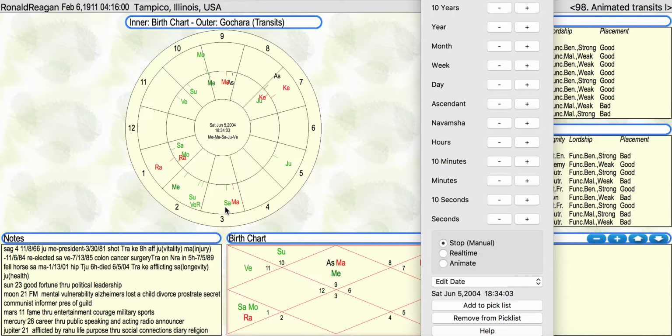So what can we do to strengthen the chart? Well, we definitely want to strengthen Mercury because it's weak in old age, and several of the other planets would have benefited him probably to help him from not having so many accidents and Alzheimer's as well. And that could have been done through gemstones. So for Sun, a ruby, or wearing orange colors to strengthen his leadership abilities. Venus, to strengthen his acting skills and relationships, a diamond.